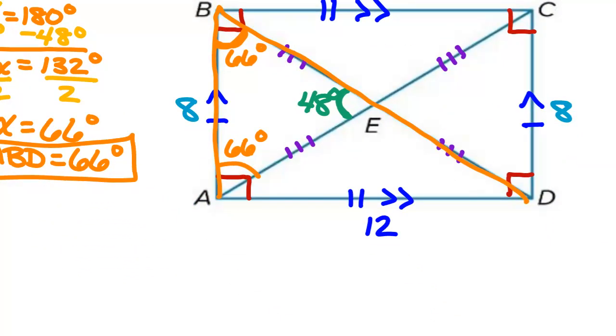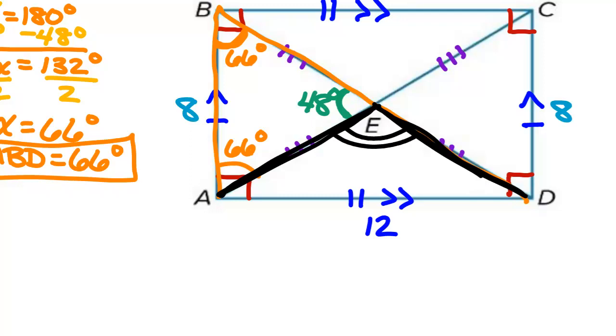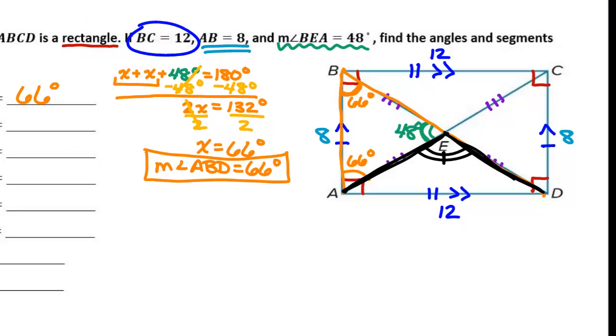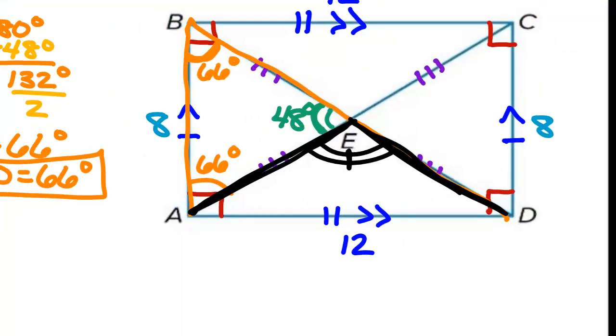Next thing they want me to find is the measurement of angle AED. So this angle right here. Well, I know that that angle and the 48 degrees, the measurement of angle BEA, those are supplementary angles.